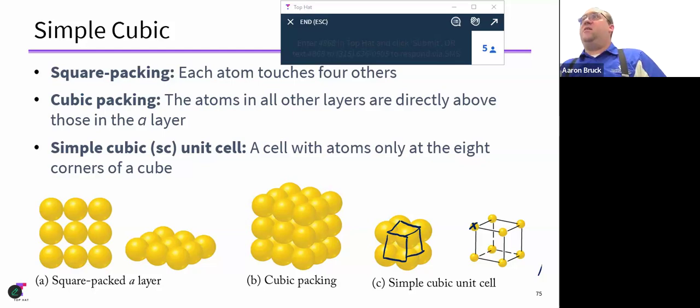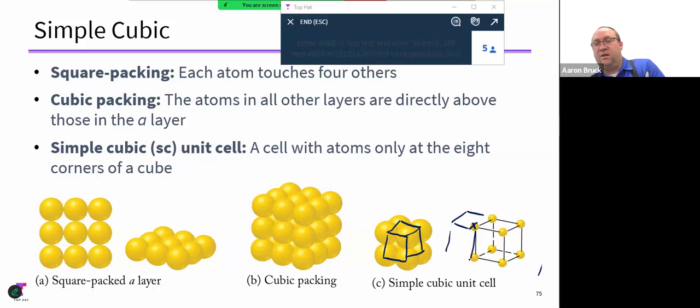How do I come up with 8? Well, we know that it's in this unit cell, but we also know that it would be in the unit cell directly to the right or directly to the left. We know that it would be in the unit cell that was up here to the front and left. And we know it would be in the unit cell that's here in the front to the right.